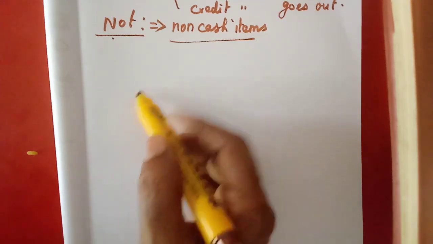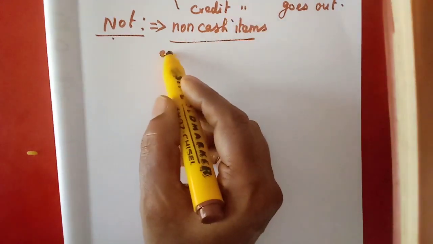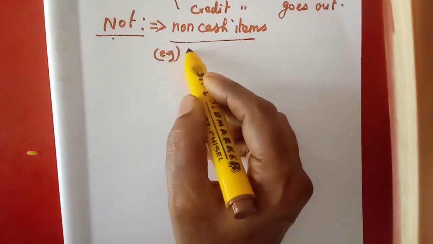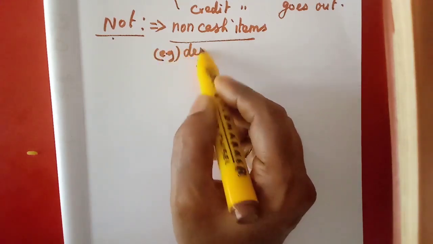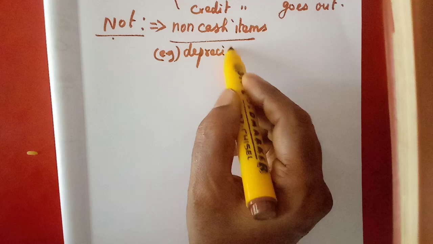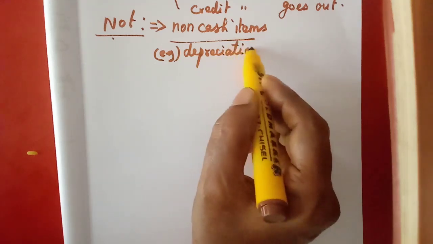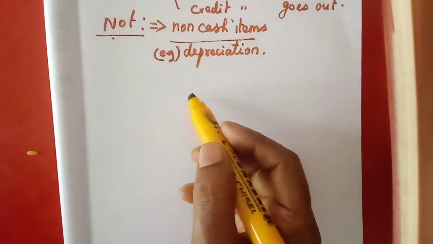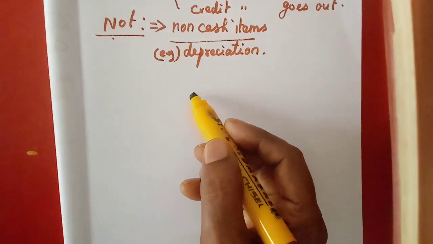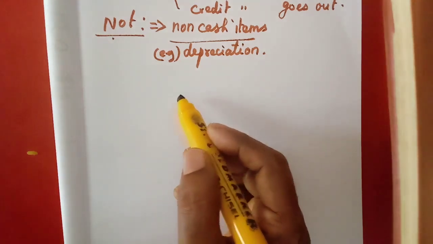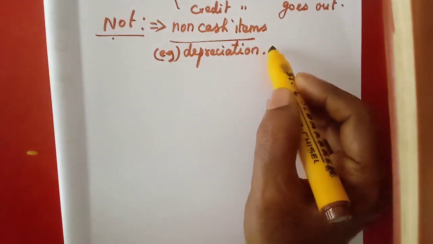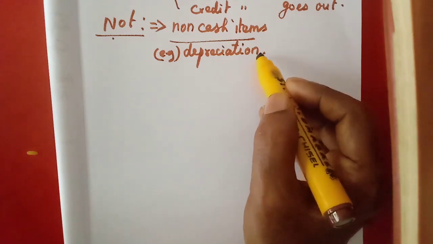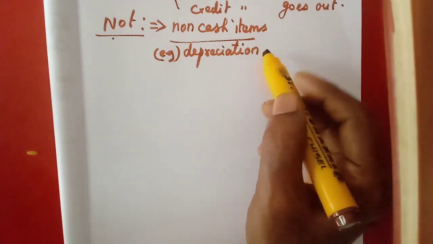What are these? Some examples of non-cash items. Depreciation. We provide 1% as a reduction in the value of fixed assets, but we never pay it to anyone. We show in the books of accounts that there is no actual cash payment.